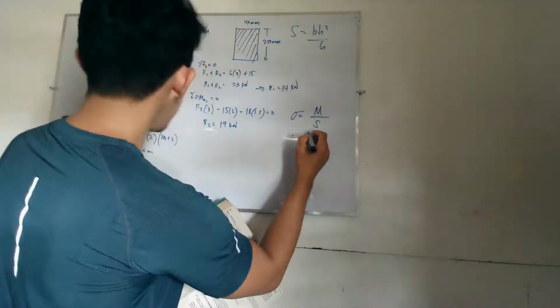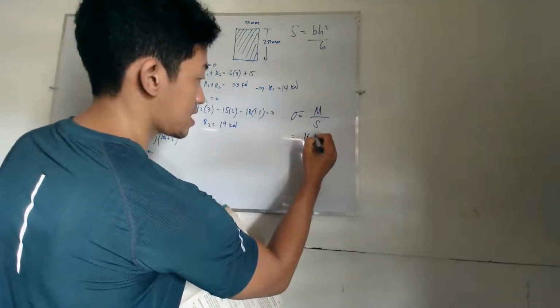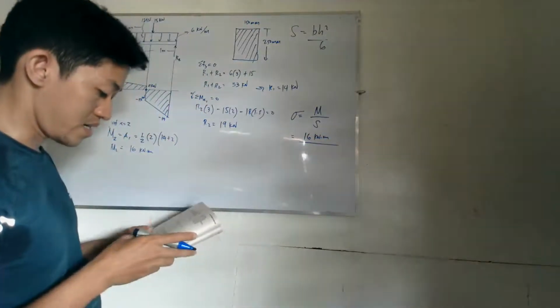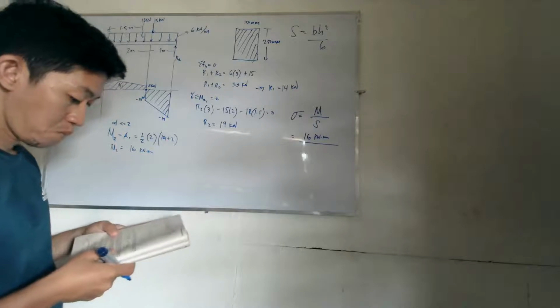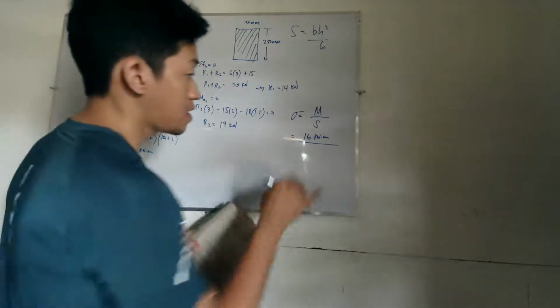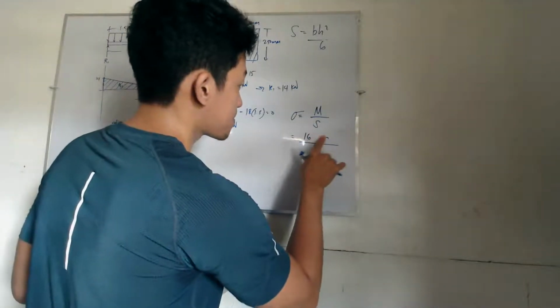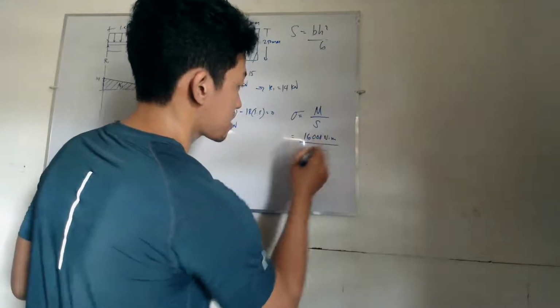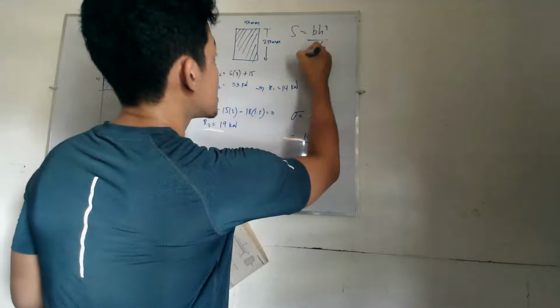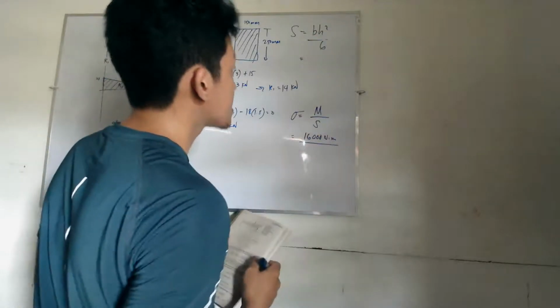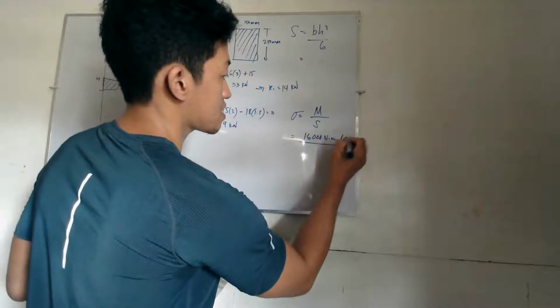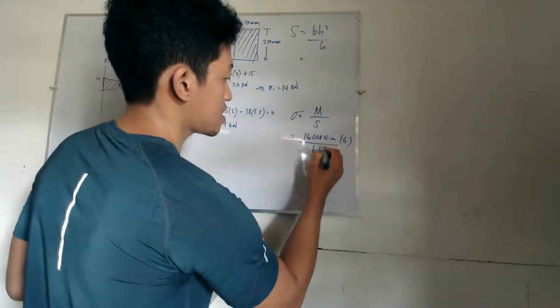So this becomes 16 kilonewton meter over, let us convert it to 1,000, 16,000 newton meter over b times 6.